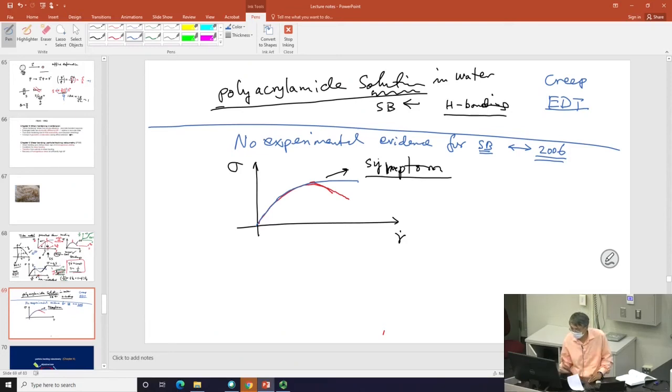And this involved quite a bit of development, and there were ideas proposed, particularly called CCR, which stands for convective constraint release.